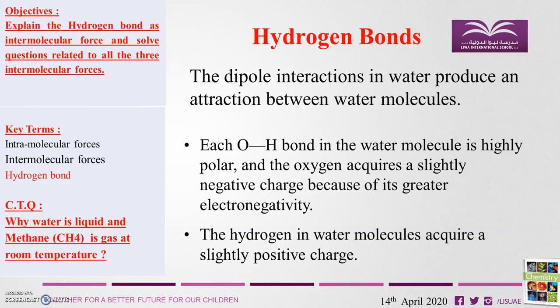These two molecules again will have dipoles. And as we remember, dipoles mean that the molecule itself has two opposite poles or two opposite sides of charges. One part of the molecule will be negatively charged, the other part of the molecule will be positively charged. Okay, let us go further.